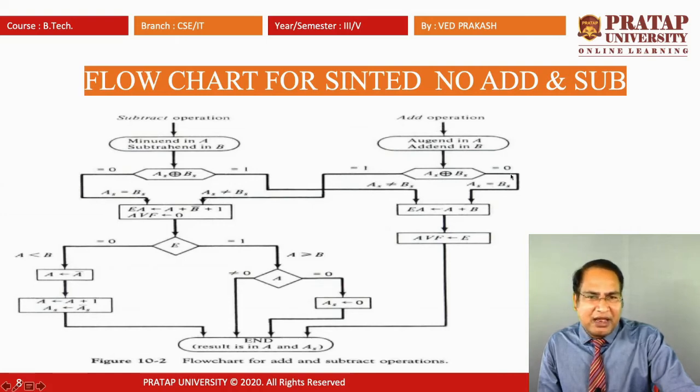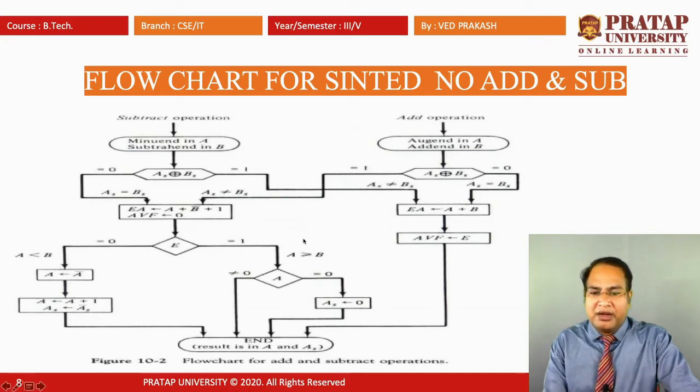If the sign is the same, AS and BS are equal, and we perform the simple addition A plus B, and the result is transferred to A. If any extra carry is created, it is shifted into E, and we set the flip-flop AVF with E. So that is the flowchart which denotes how we perform the operations on signed numbers in arithmetic.